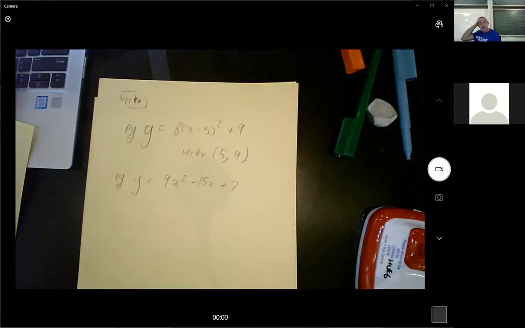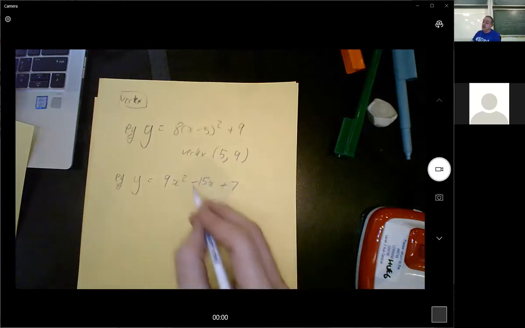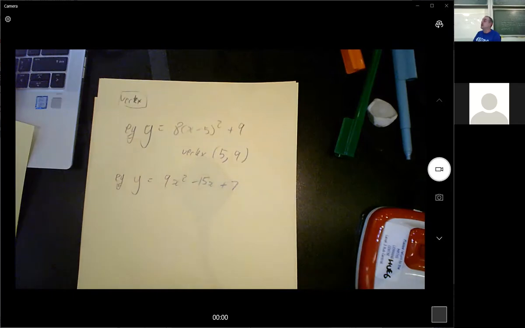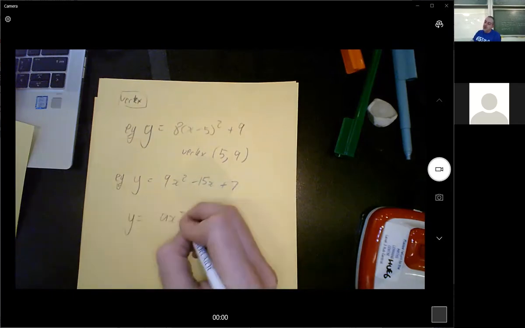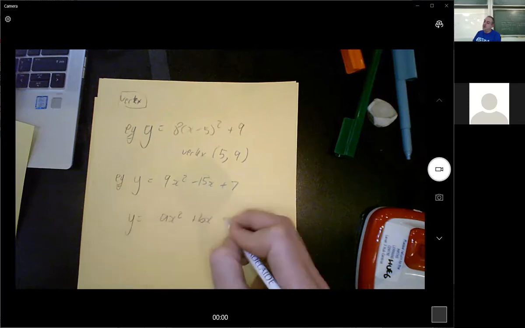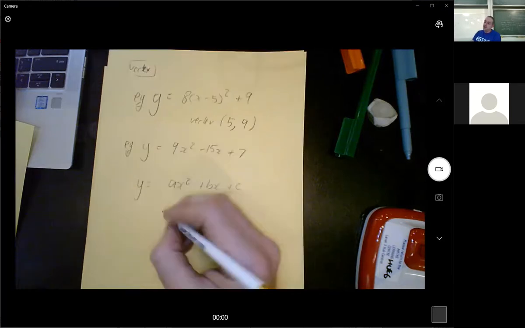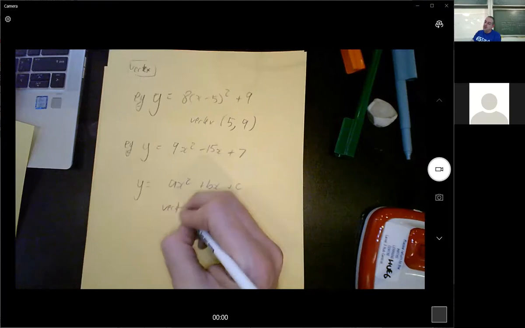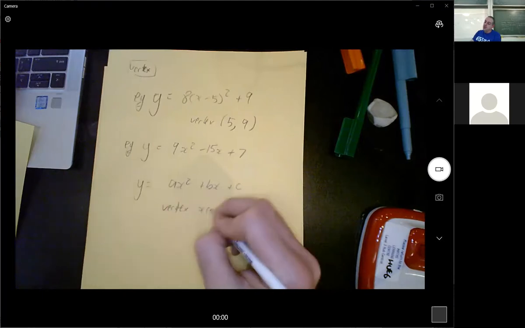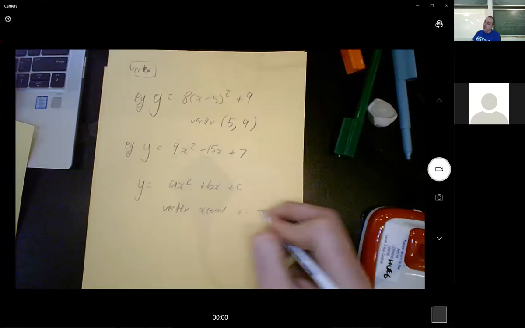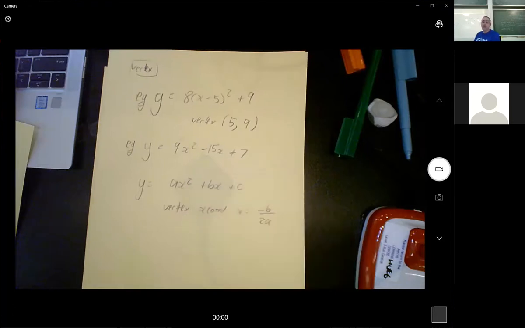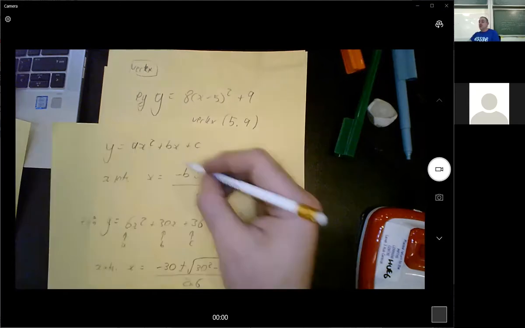And if it's in standard form, then you can find the x-coordinate of the vertex pretty straightforwardly. It will be this number divided by 2 of that number. So I'm just going to do the formula. If it's ax squared plus bx plus c, the vertex x-coordinate will be minus b over 2a, which is this bit of the quadratic formula.